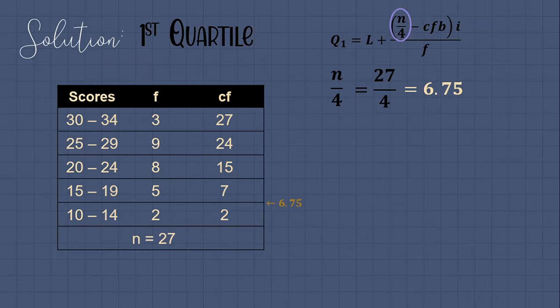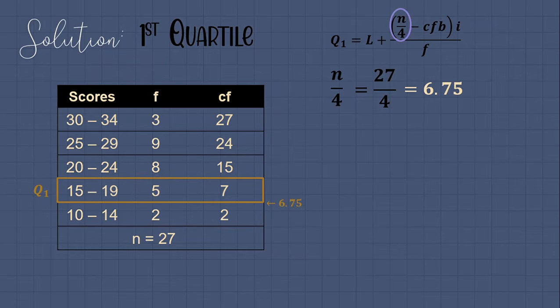Now what are we going to do with that? Now that we have located our cumulative frequency, we can now locate our quartile 1 class, the one above our n over 4, which is 15 to 19. Now that is our quartile 1 class. We can now get our values.